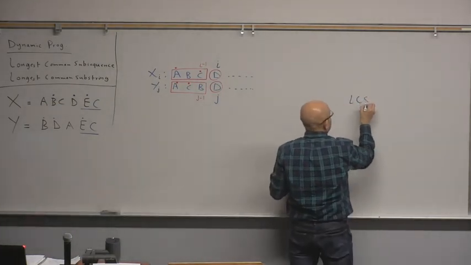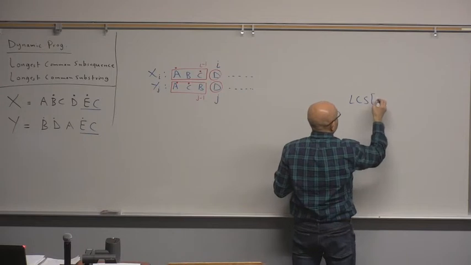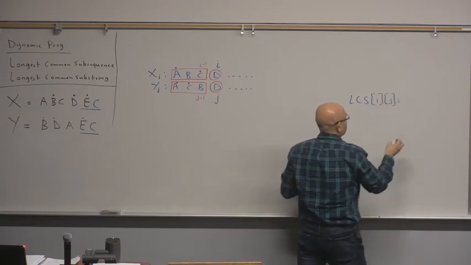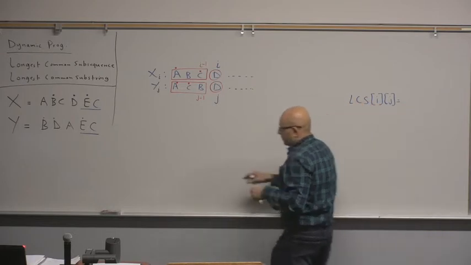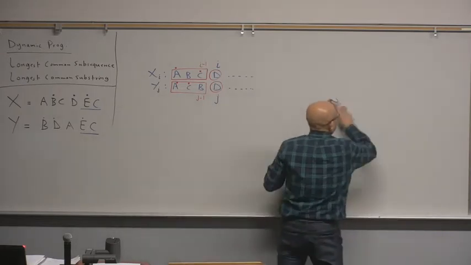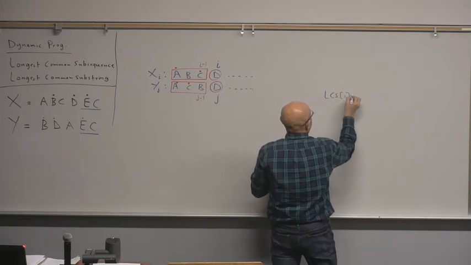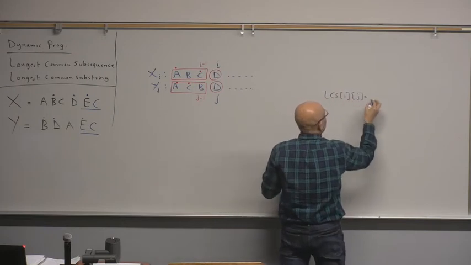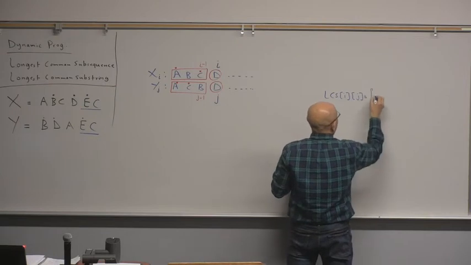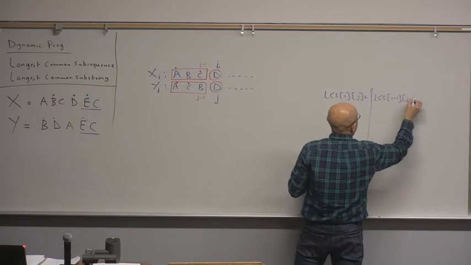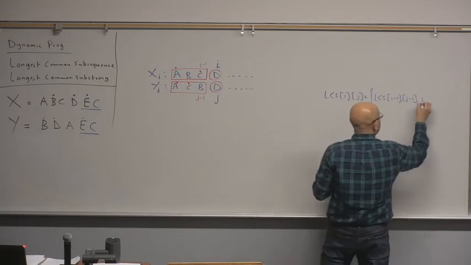So we can express this as: longest common subsequence of I and J equals longest common subsequence of I minus 1, J minus 1, plus 1.